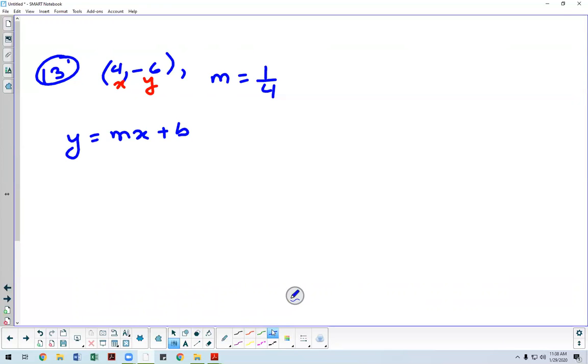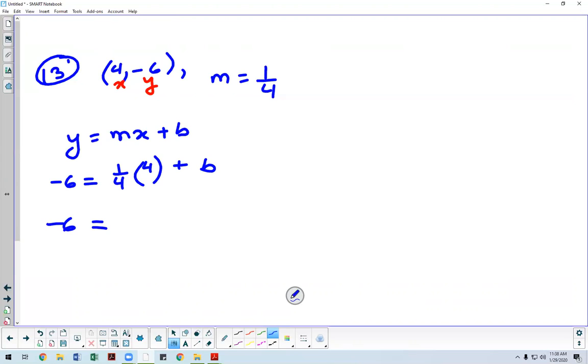So we would have y as -6, m, your slope is of course 1/4, x value is +4, and then like I said, you're basically finding the b value in this case. So -6 will stay the same.